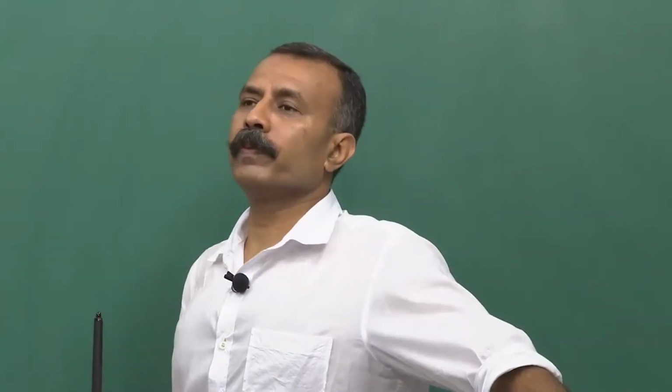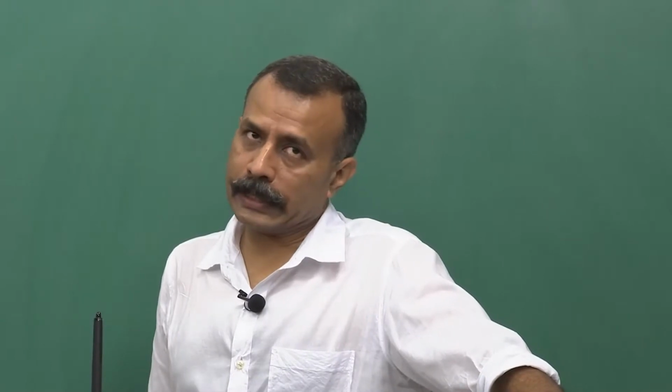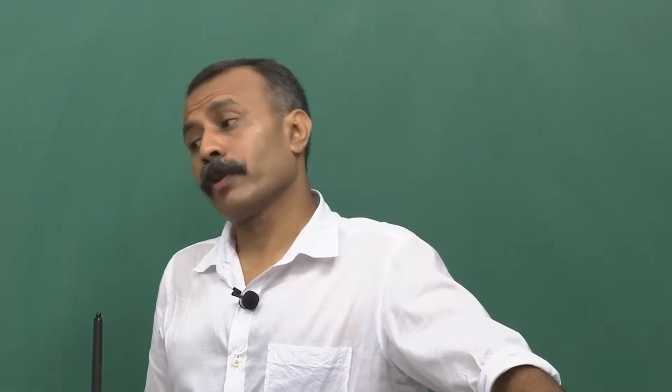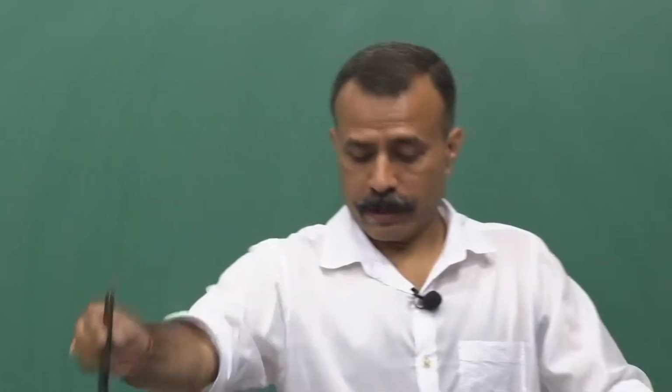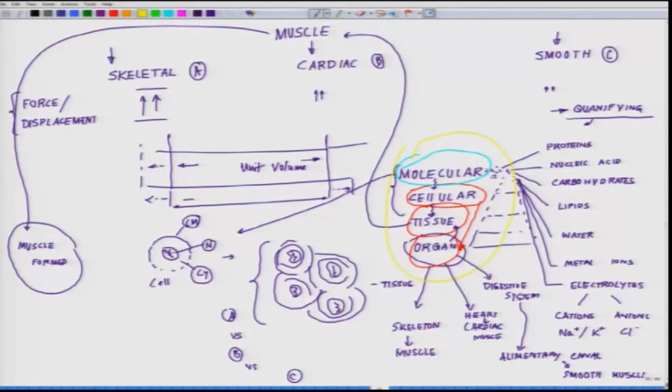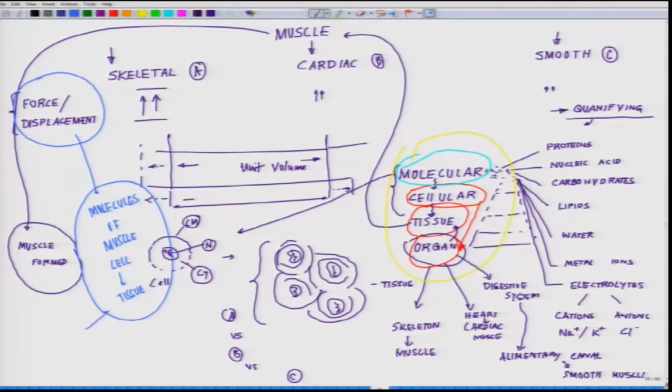In the next class, we will talk about the molecules present in these muscles, which led to the formation of the tissue and thereby gave it the feature we talked about in the previous class, force generation, and correlate it with the molecules of muscle cell, actually let us call it muscle tissue.